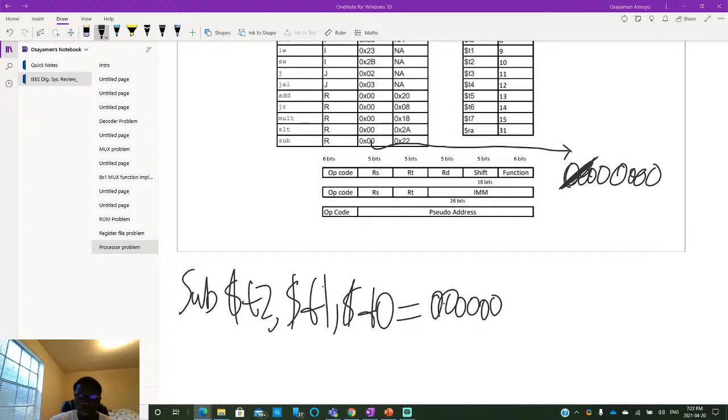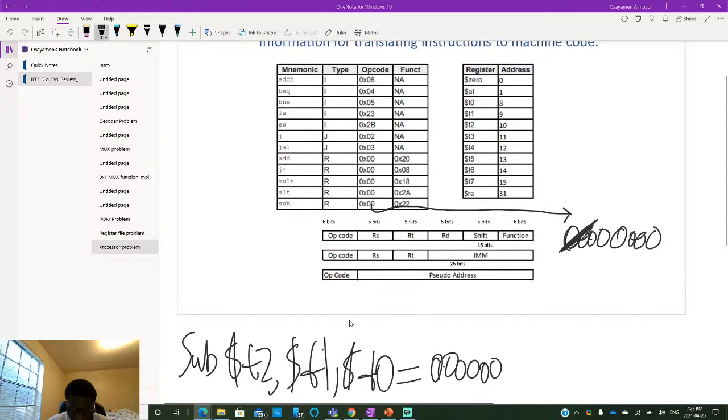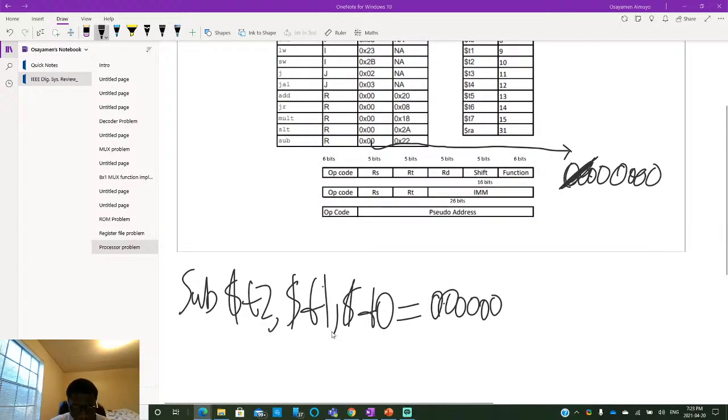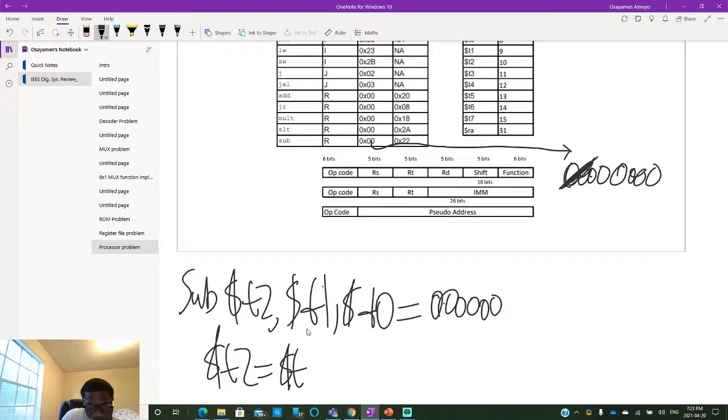Okay. So we have the source register. In this case, how the subtraction works is that T2 equals T1 minus T0. If I'm not mistaken, that is the case.